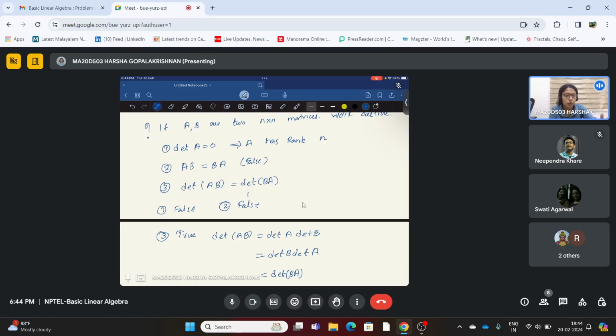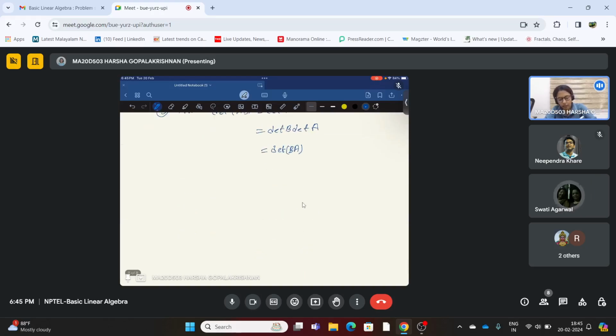That means AB is not equal to BA. But my question is, supposing AB is not equal to BA, in case 3 we say AB is equal to C1 and BA is equal to C2, and C1, C2 are different. Now, if you put C1, C2 instead of AB, BA, how does their determinant become the same? That is what it is saying. Even though the matrices are not the same, the determinant is just a value. It can be the same.